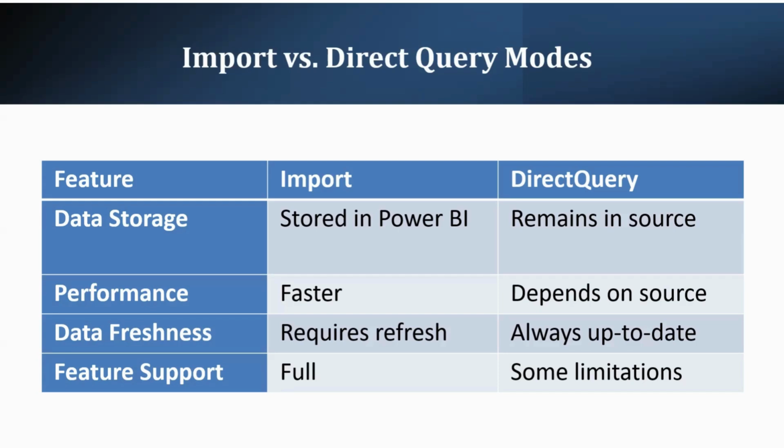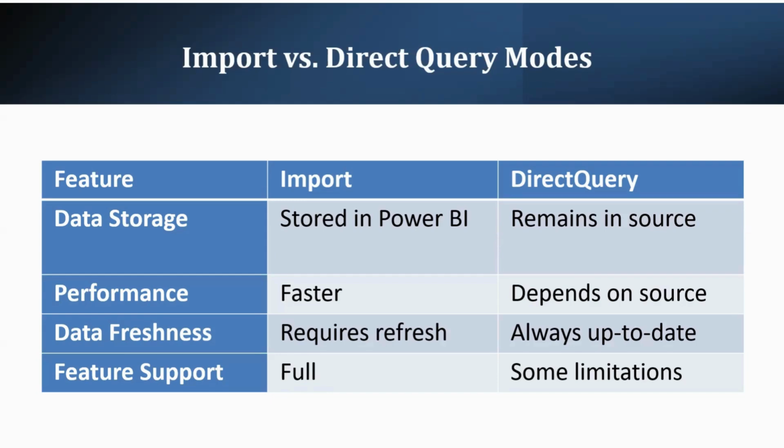For the import mode, it is faster, but for the direct query, it depends on the source. So if the source is maybe a database or an API, depending on it, it may make it faster or slower. And then for the import mode, it requires refresh. That means for you to get the latest version of that data, you need to refresh it, either automatically or manually. But for the direct query, it is always up to date.